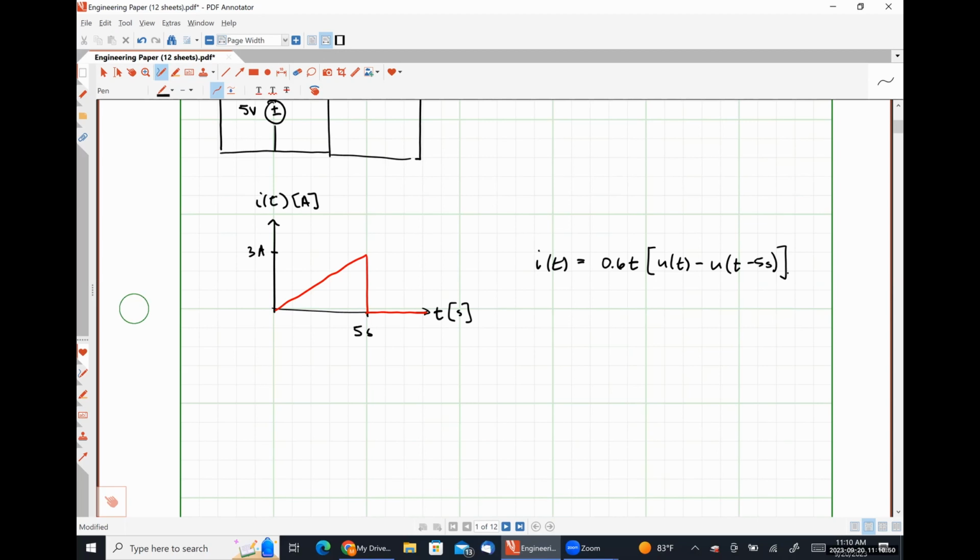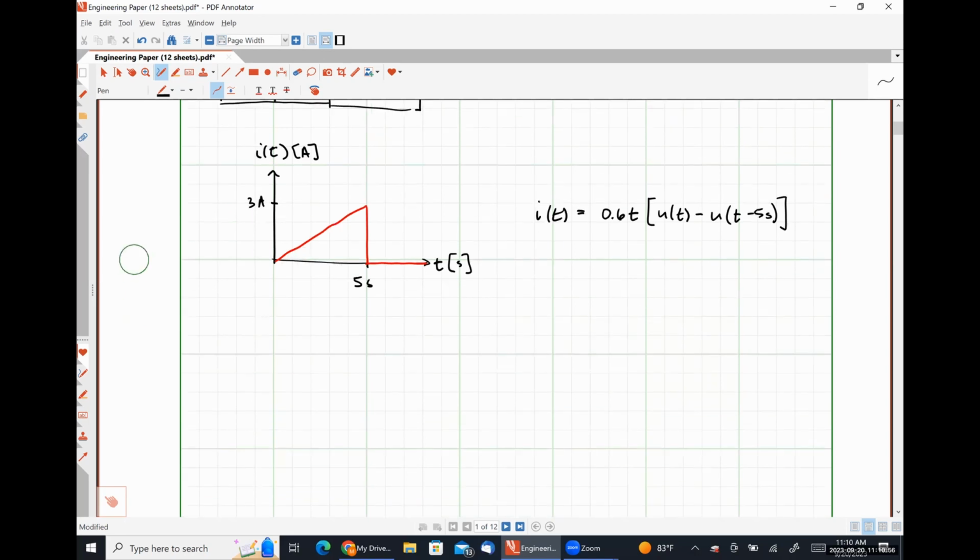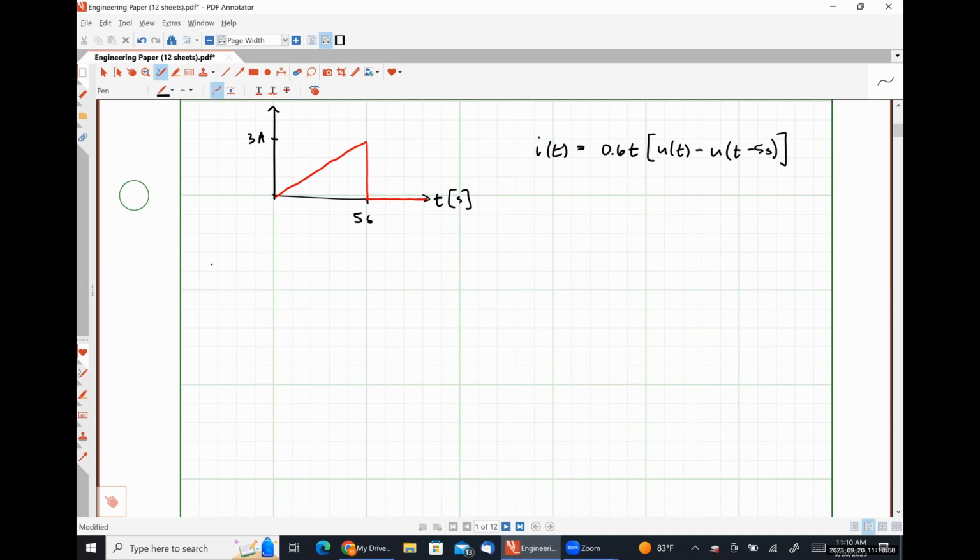So, have you guys talked about unit impulse functions before? Okay. So, a unit impulse function, also known as the Dirac delta function, is defined as follows.